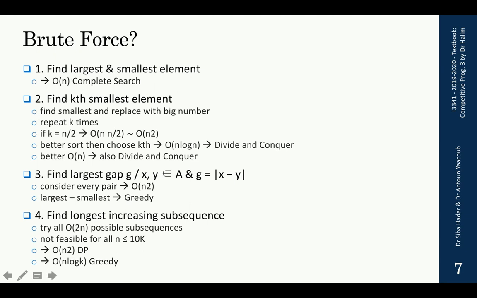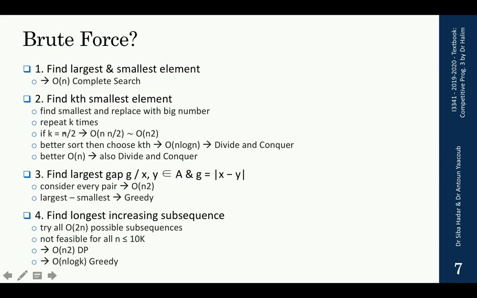For the second kind of problem, you can find the smallest and replace it with a big number, and then find the smallest and replace it with a big number k times, and then you have found your k-th smallest element.